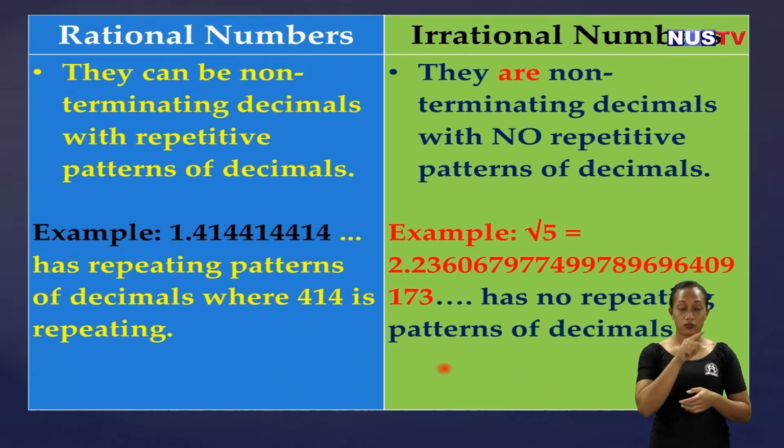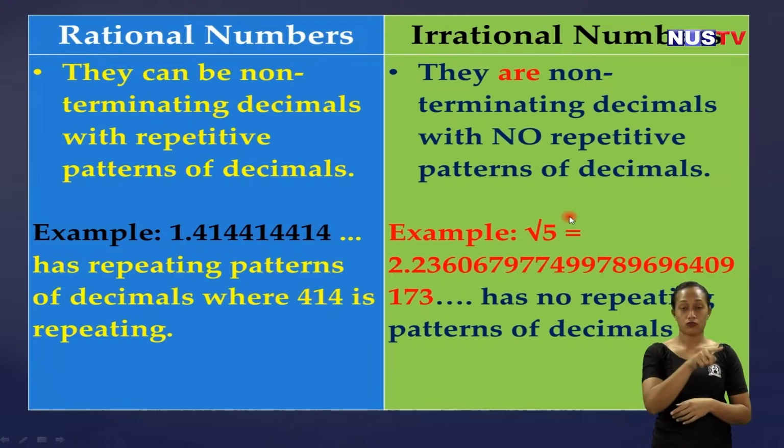Rational numbers still, they can be non-terminating decimals with repetitive patterns of decimals. Example given: 1.414414 has repeating patterns of decimals where 414 is repeating.